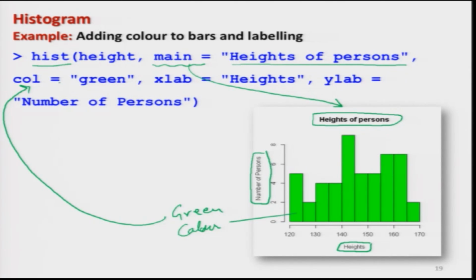So, I give col equal to "green" inside the double quotes, and the title on the x axis is controlled by xlab. I give the name heights inside the double quotes, and similarly the name on the y axis is controlled by ylab, which once again I give inside the double quotes.